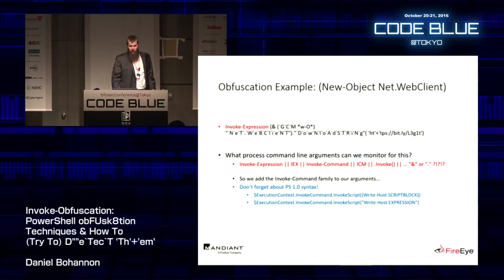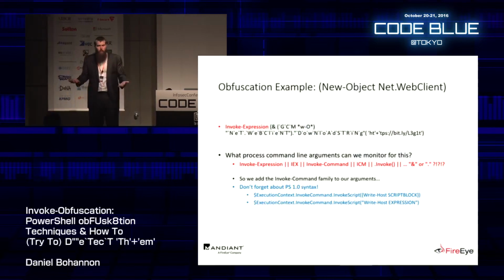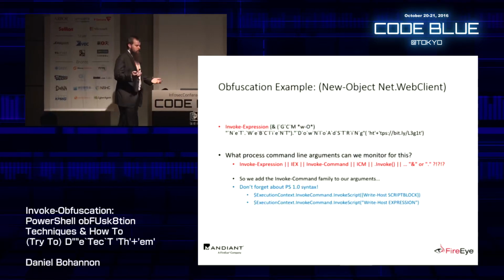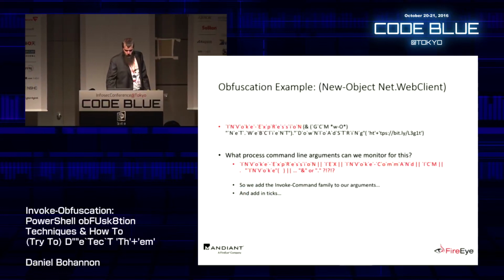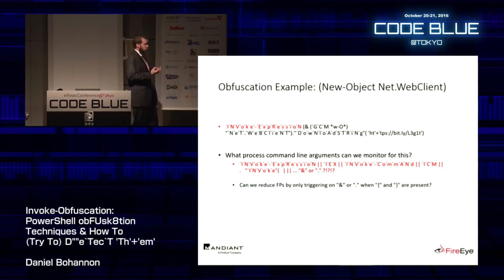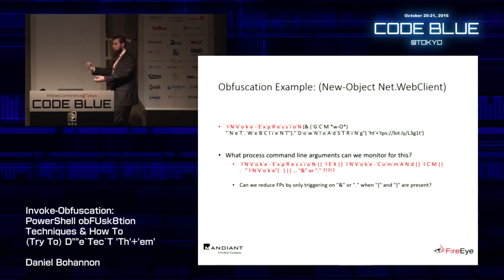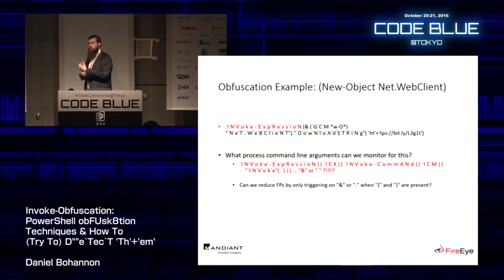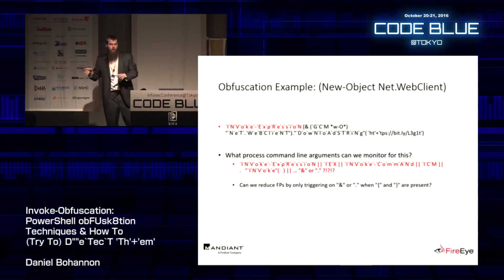So as a defender, how are we going to alert if we see a period or an ampersand? It's impossible. We can't possibly do that. So what if we try to reduce false positives by saying we're interested in invoke expression, invoke command, and if we see a dot or an ampersand as well as curly braces, then that's interesting as well.